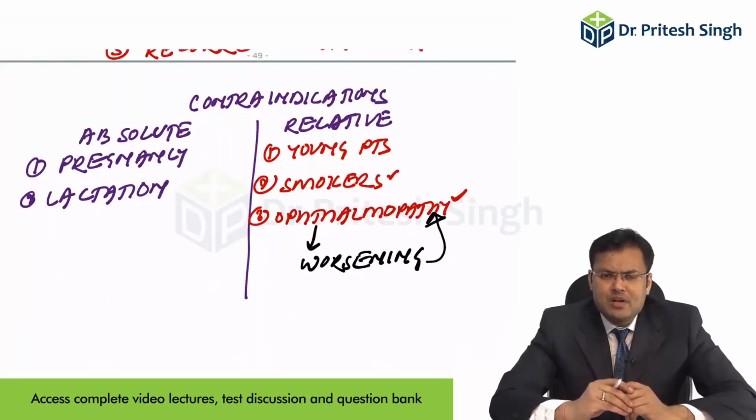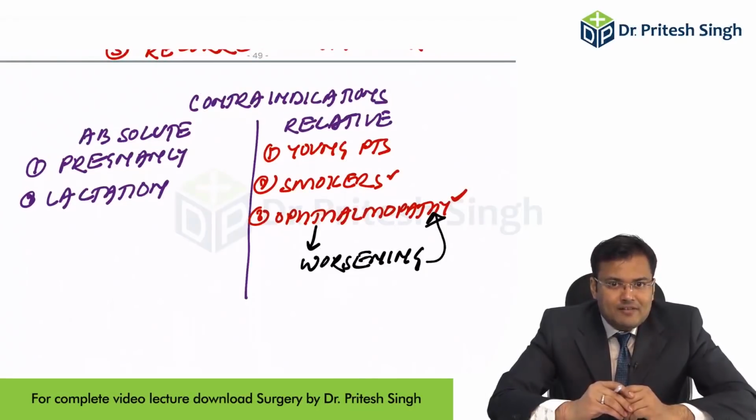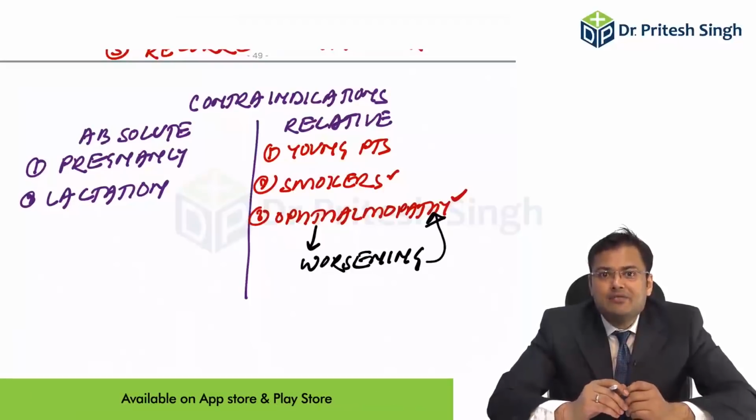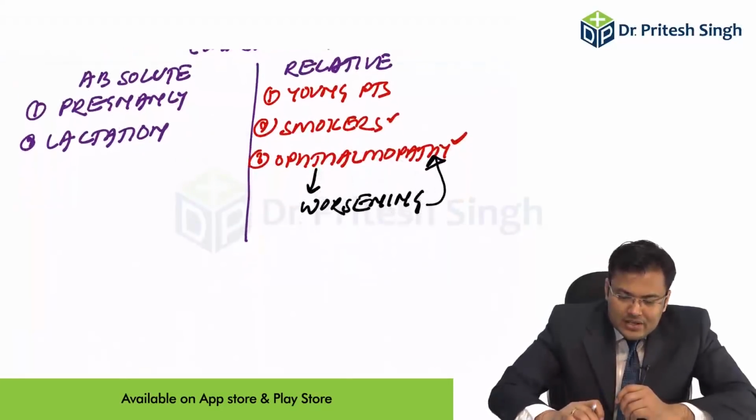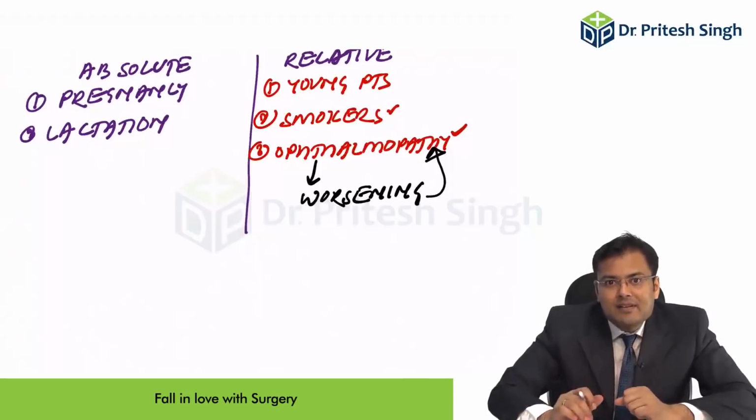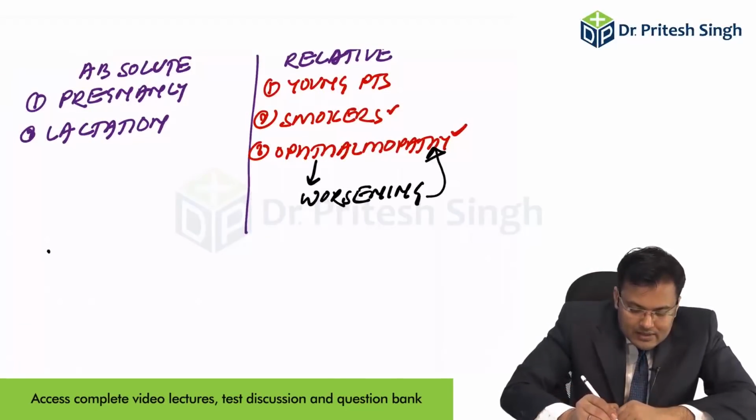One simple question: what are the indications of surgery? You can see the contraindications of radioactive iodine ablation are indications for surgery. So the indications for surgery are these five. Apart from that, the sixth indication is what?